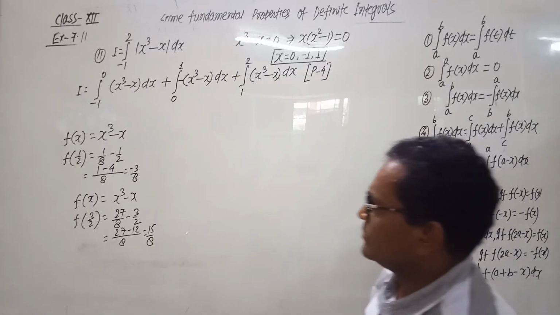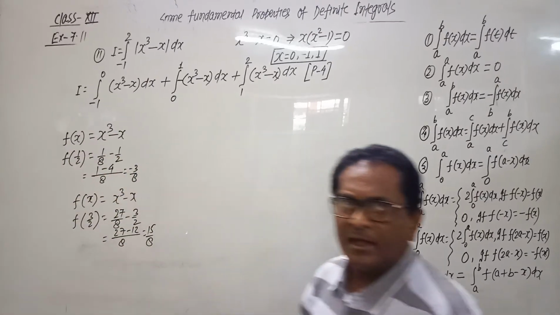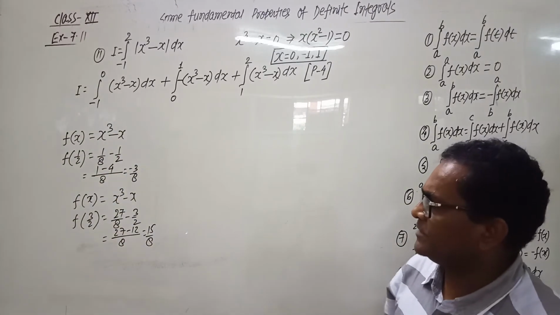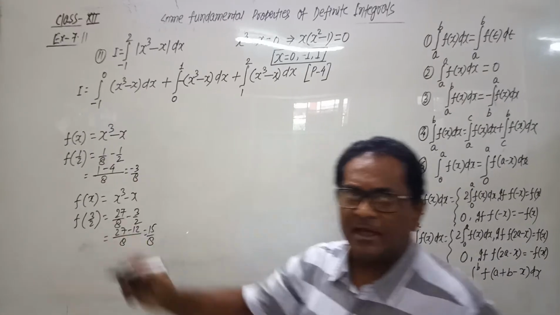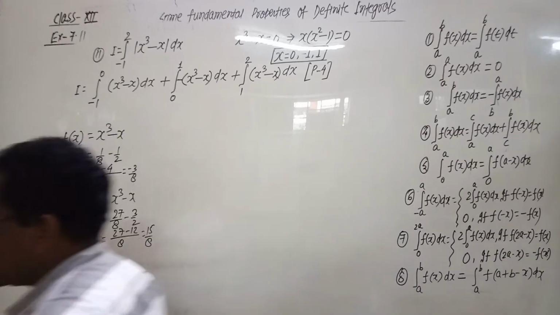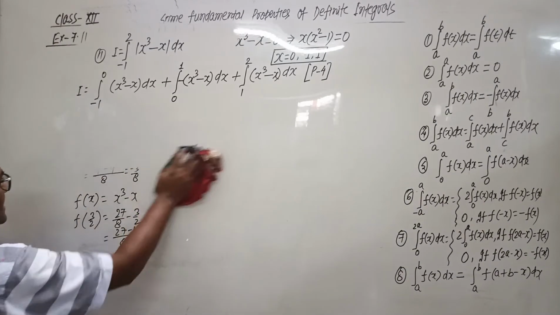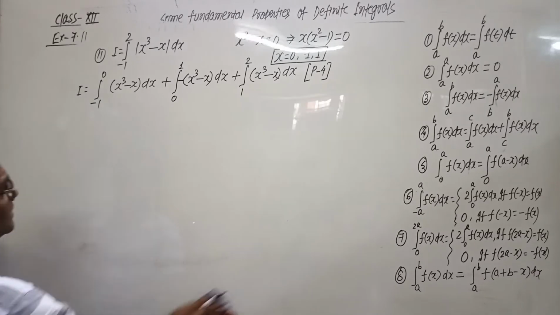Then we put a value lying in each interval into the expression. If it gives positive, we take the positive sign. If it gives negative, we put the negative sign. So this is the way to decide the sign of the function.